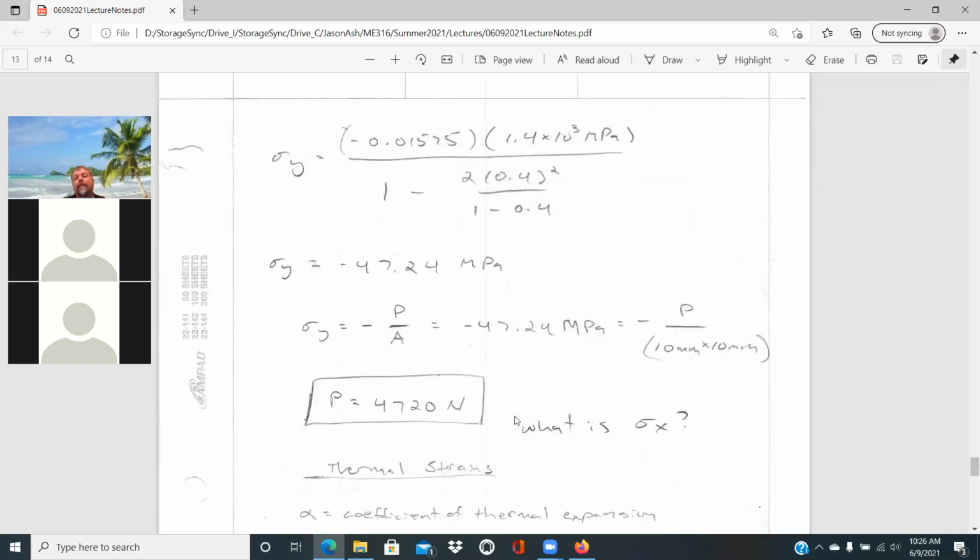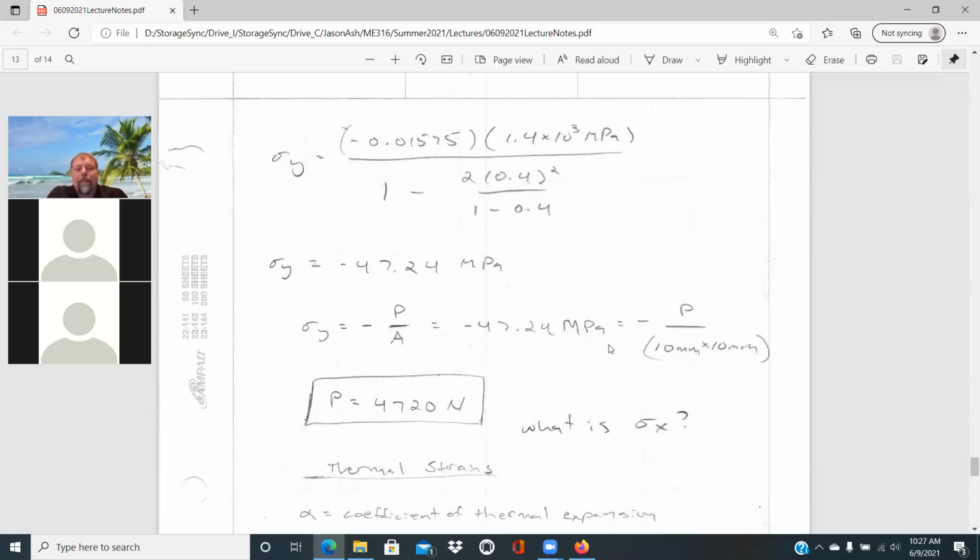And we know that this stress sigma y is just going to be the force applied over the cross-sectional area. And that cross-sectional area is 10 millimeters by 10 millimeters. With that, we take the stress that we calculated and multiply it by 100, essentially. 10 by 10 is going to be 100 millimeters squared.